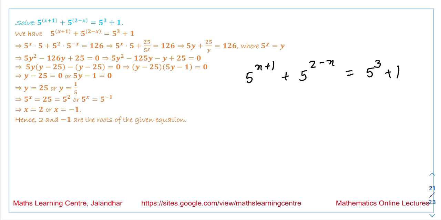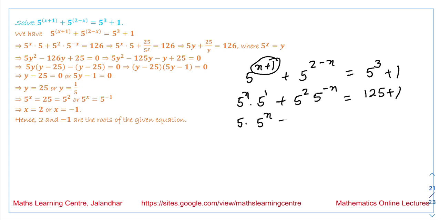If we separate these powers, we get 5 raised to the power x into 5 raised to the power 1, plus 5 raised to the power 2 into 5 raised to the power minus x, equal to 125 plus 1. So we get 5 into 5 raised to the power x plus 5 square over 5 raised to the power x is 126.